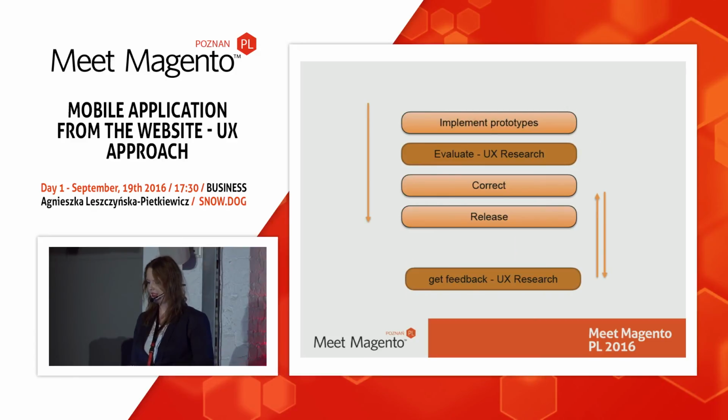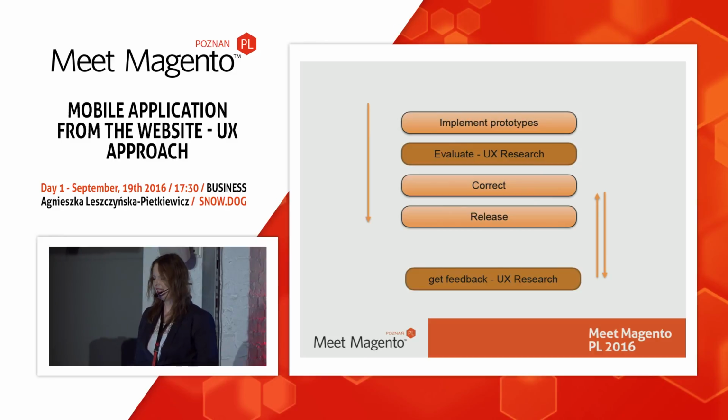So this is the last slide. If you have already done these things before, then you can implement prototypes. You should do evaluation, so like UX research. Then you should correct your prototypes. And then you can release your application. But this is not the end. At the end, you need to get feedback and do UX research again, and correct and release.